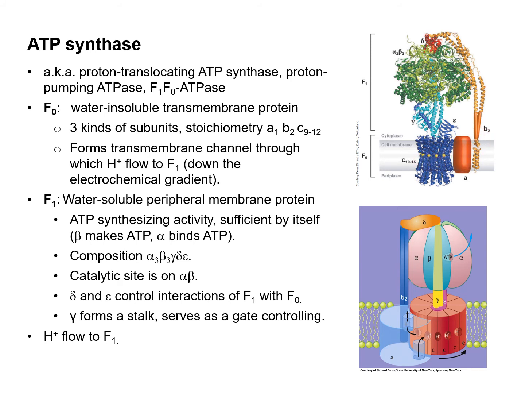It forms a transmembrane channel through which the hydrogen cation flows to F1, the other big chunk of this ATP synthase protein. Basically the proton is moved down the electrochemical gradient from the intermembrane space to the matrix of the mitochondria.